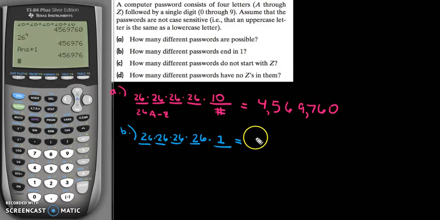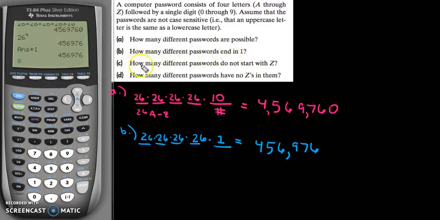Okay, so what did that do to our number of choices? 4, 5, 6, 9, 7, 6. We have 10 times less choices because instead of picking 10 different numbers at the end, so instead of 4.5 million-ish, there's only 450,000 combinations of passwords.